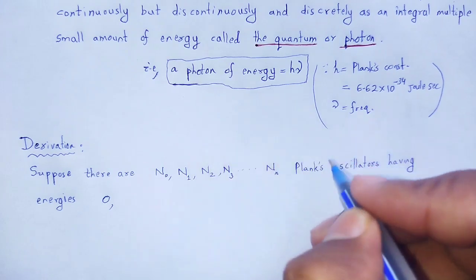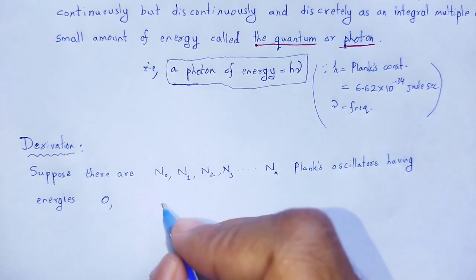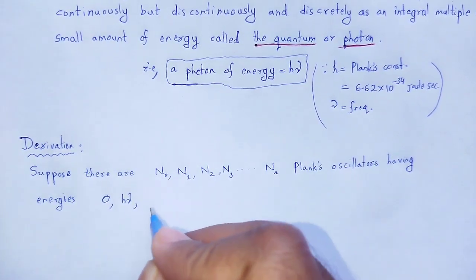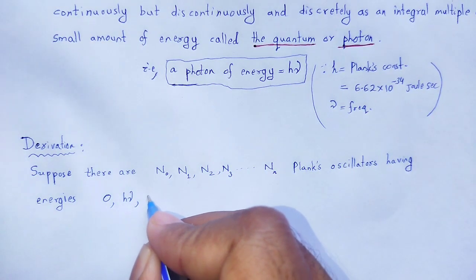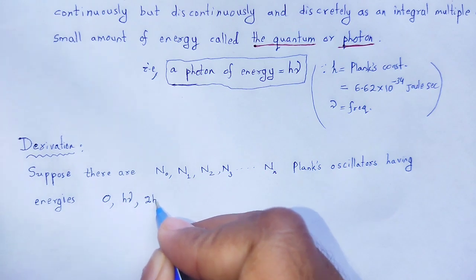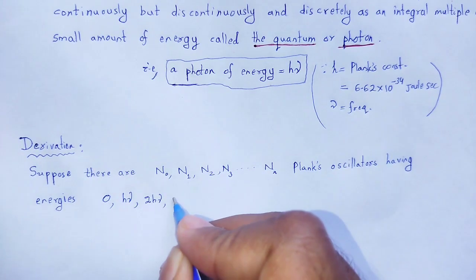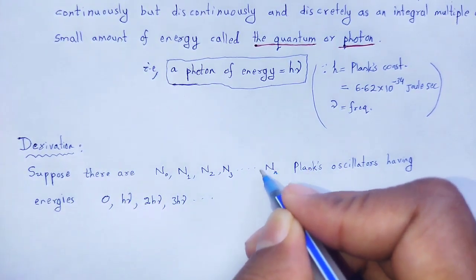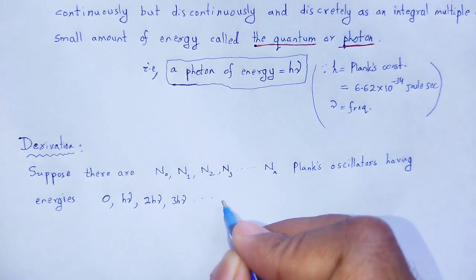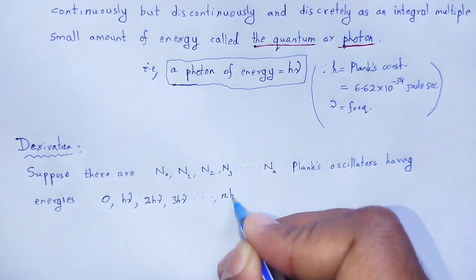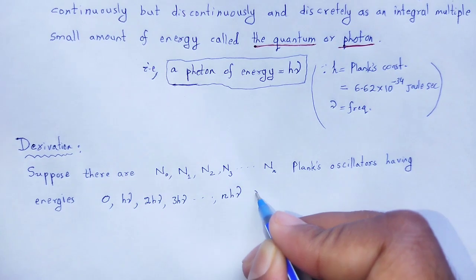N1 number of such oscillators have the energy h nu. Similarly, N2 have 2h nu, N3 have 3h nu, and Nn number of such oscillators have energy nh nu respectively.